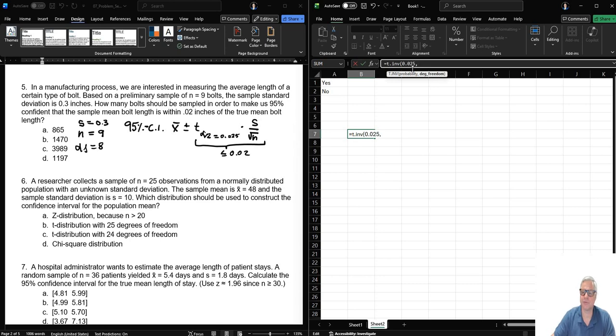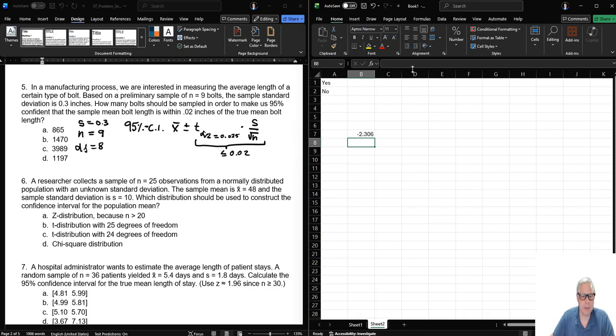How many degrees of freedom do we have? 8. Okay, so now we get 2.306. So our relevant t is 2.306 rounded to 3 digits. So the relevant t equals 2.306 in absolute terms, because it's plus minus.